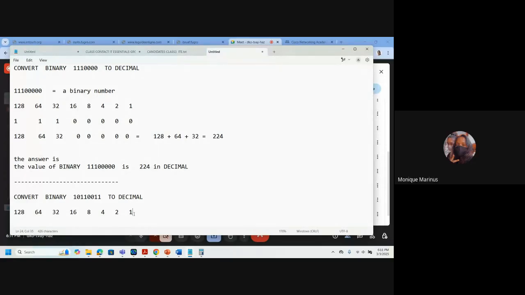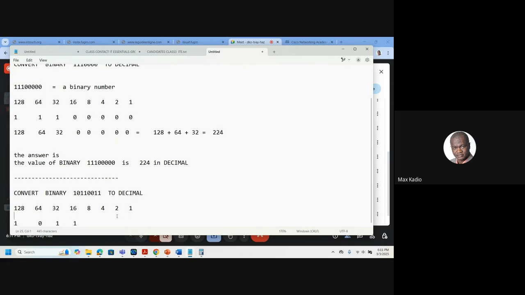Then you do the next one where you lay out your binary code. Okay, good. So we have 1 and 0. So you put 1 here first, then you put 0 here. So 1, 0, 1, 1. You put again 1 here, again 1 here. 10110011.